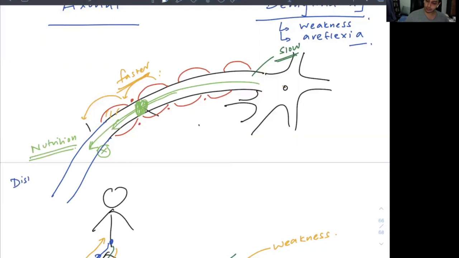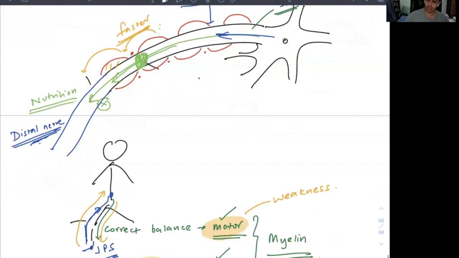So this is your distal nerve. Your proximal nerve is getting nutrition because it is closer to the cell body, but your distal nerve is not getting nutrition, which is why you get damage to the distal part of your nerve. And gradually, this distal nerve damage will go on progressing. And if the neuropathy persists, you will have damage in your proximal part of the nerve. So this is called dying back neuropathy.